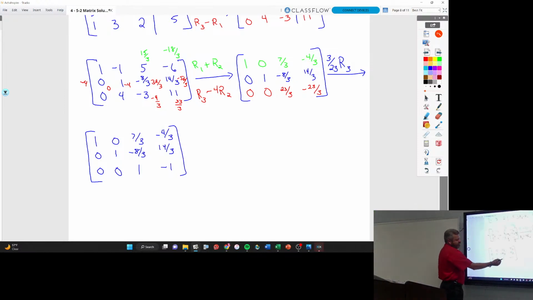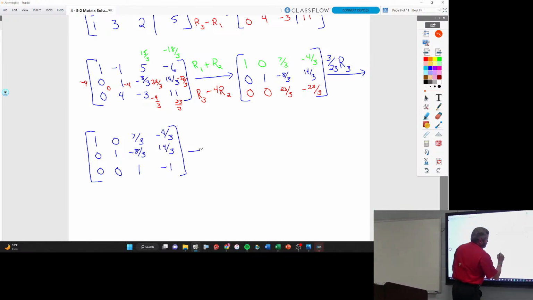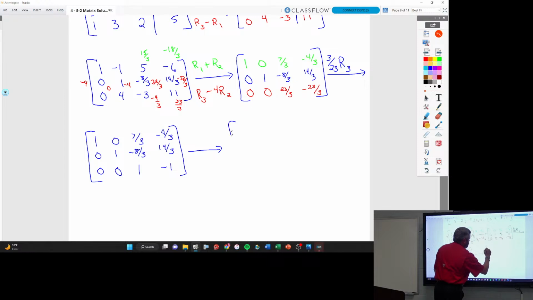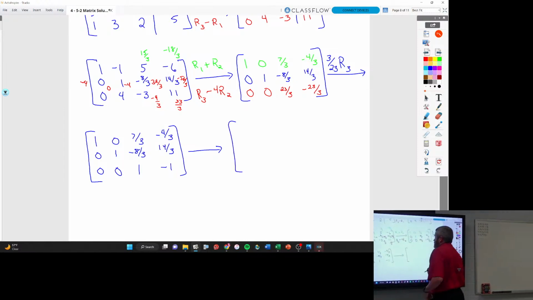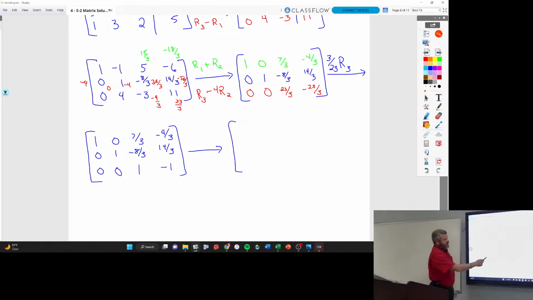The only thing I have left to do is I need to get rid of the 7 thirds in row 1. I need to get rid of the negative 8 thirds in row 2. So to do that, we're going to have to do a little bit more math. So to get rid of the 7 thirds in row 1, I need to turn the 1 in the bottom into a negative 7 thirds.